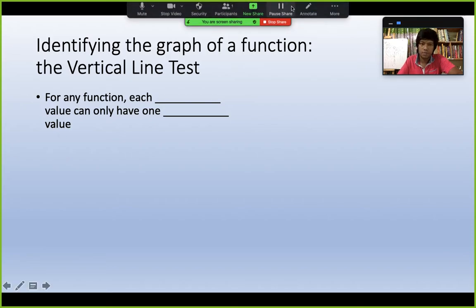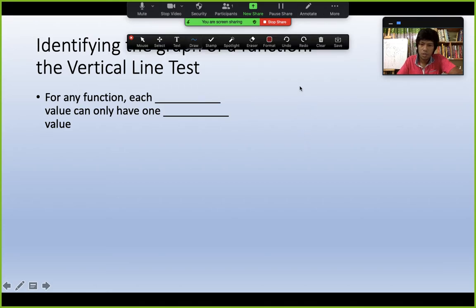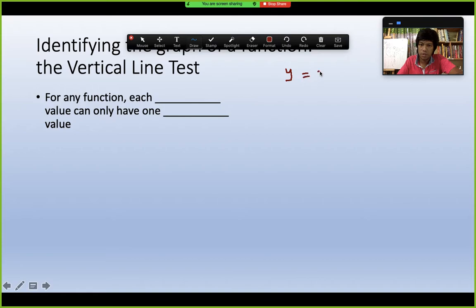For example, let's say y equals x squared, or let's say y squared equals x, or y equals plus minus root of x, this kind of thing.